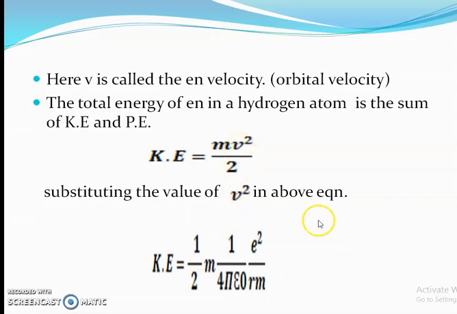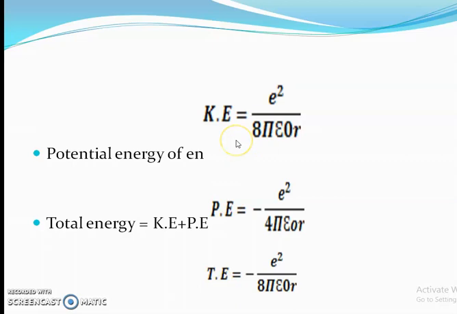After substituting, I will get half m into this expression. Now cancelling the two m's, and 2 into 4 we can write as 8. Now we get kinetic energy = e^2/(8πε0 r). This is the expression for kinetic energy.